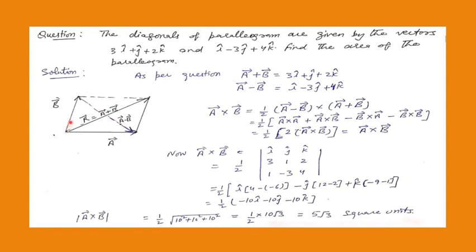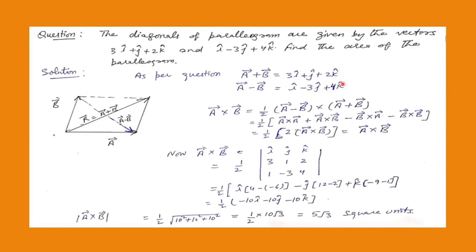You can write b vector plus this vector equals a vector, so this gives me a minus b vector. So the first diagonal always gives me a plus b vector, and the second diagonal gives me a minus b vector, because by default I go with the diagonal which I have studied in the parallelogram law of vectors. The second diagonal, which they are giving, will be equal to a minus b vector. So these two diagonals are given as per the question.